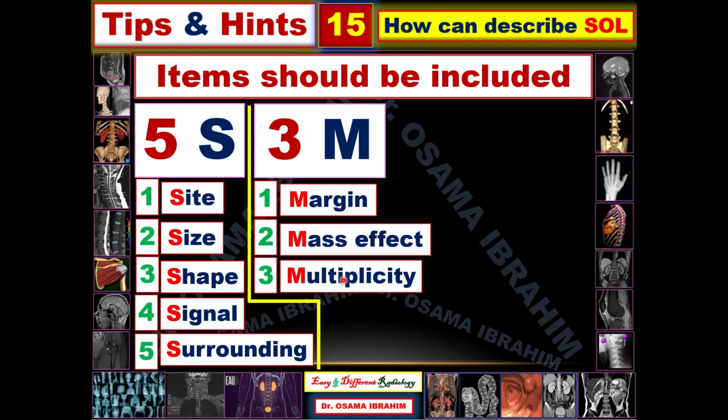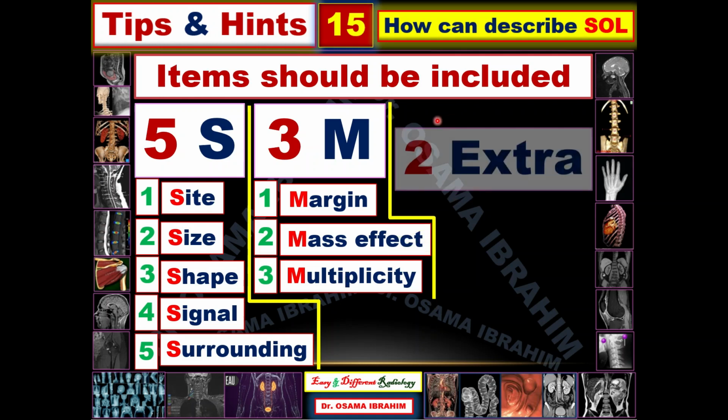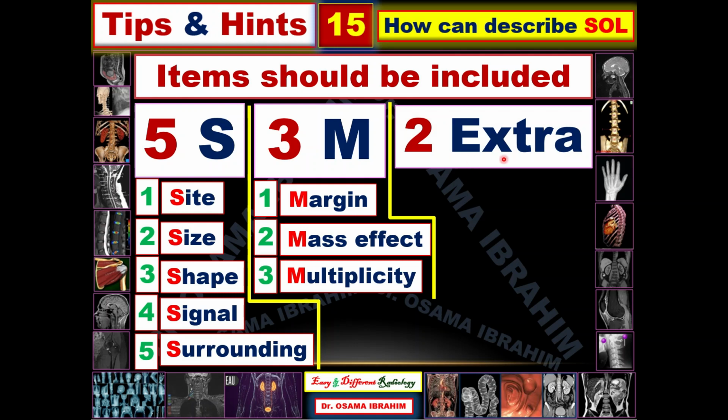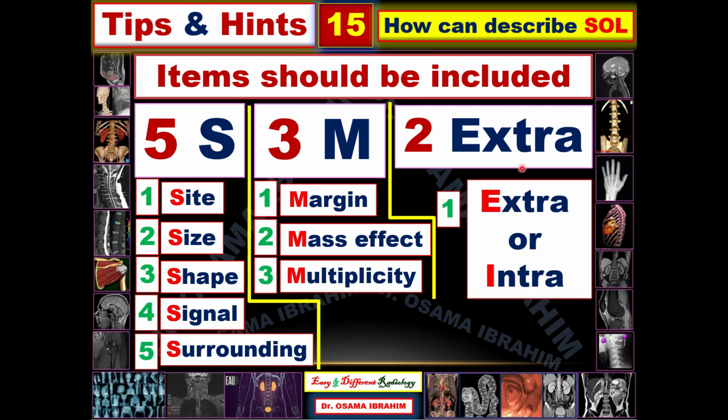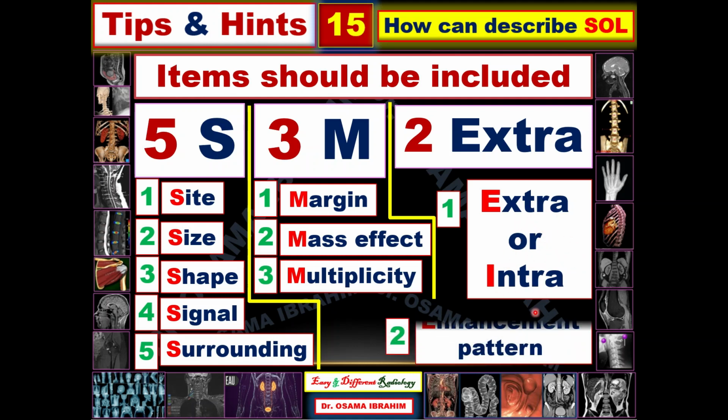like multiple abscesses. The last group from the describing items is two extra items. The first one also starts with the letter E: extra or intra. Extra or intra means extra-axial or intra-axial in the brain, extrapulmonary or intrapulmonary for lung lesions, intraparenchymal in the liver, or subhepatic, for example. So extra and intra is very important.